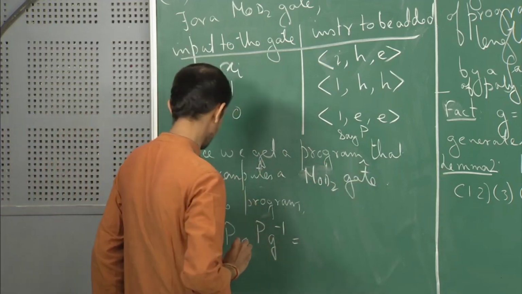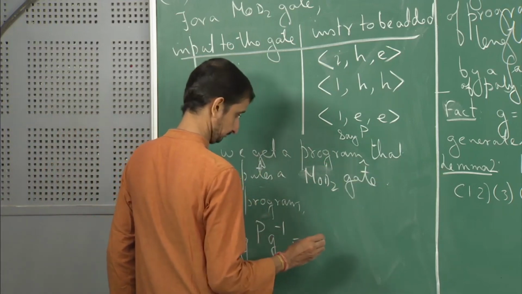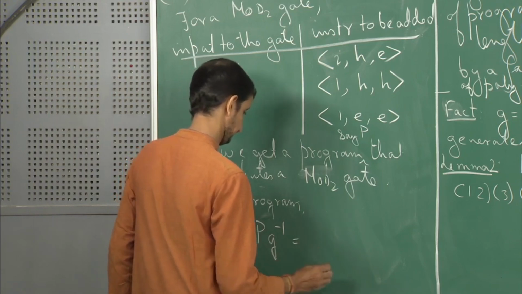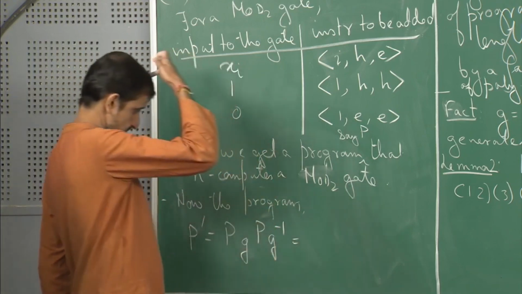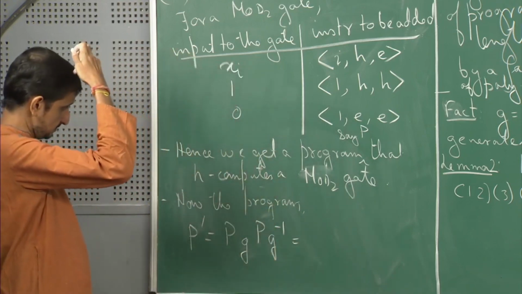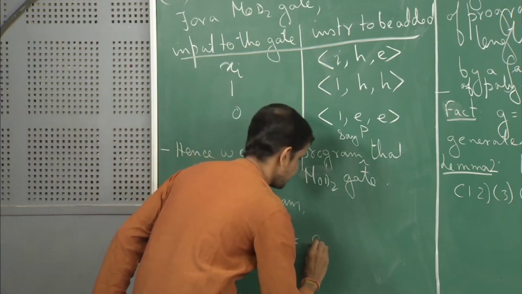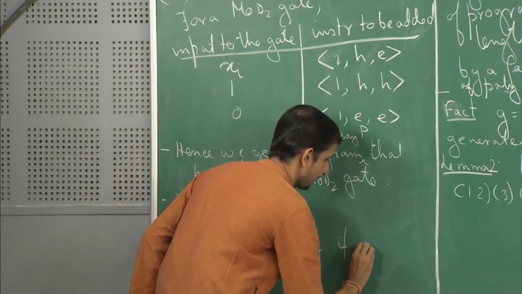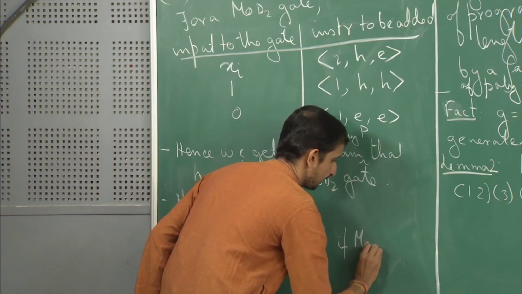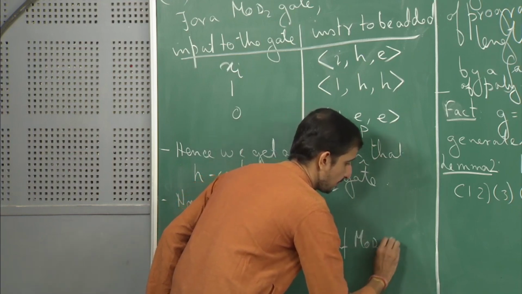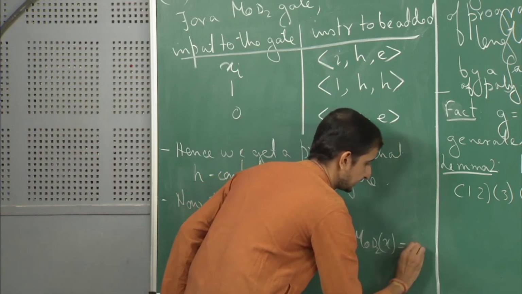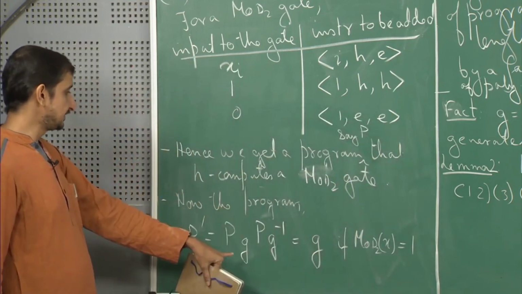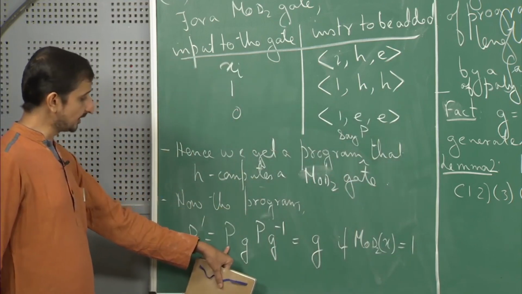this is equal to G if mod 2 of x is 1, and if mod 2 of x is 0, then we have identity over here.